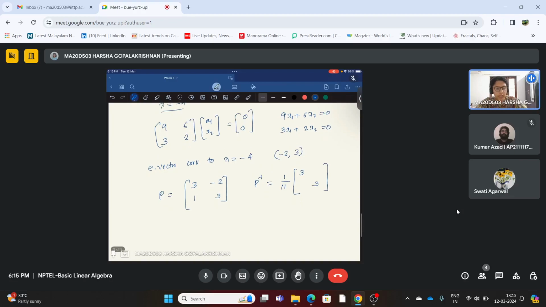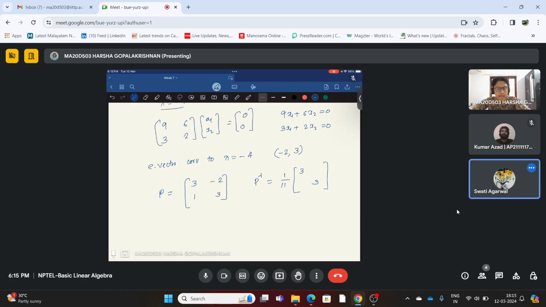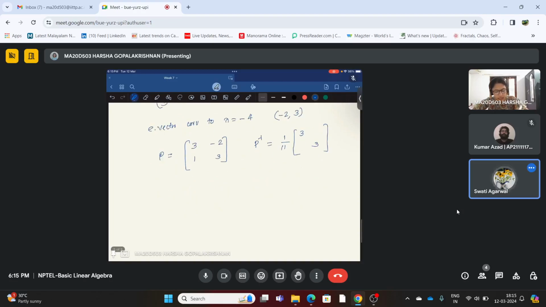So in a 2 by 2 matrix, to find the inverse, you have an easy way. If you have A, B, C, D, suppose it is invertible, A inverse equals 1 over the determinant of A, which you can find easily.